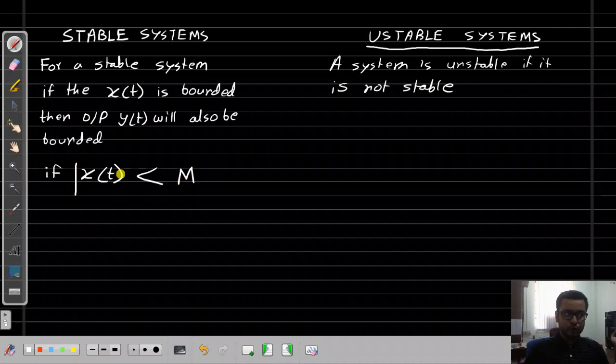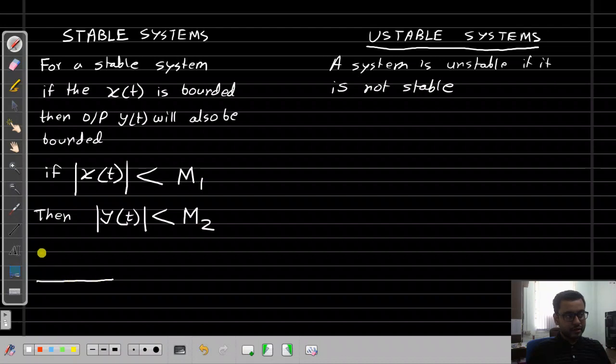If this is the case, then for a stable system, the absolute value of the output will also be bounded. It will be less than some, it may be a different number, call them m1 and m2.